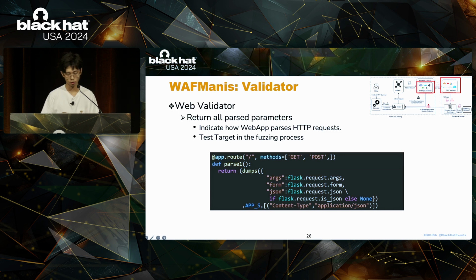To address this issue, validators actually play an important role in WAFManis. They help the framework to recognize how the WAF and web application process our test request. As the example code shown below, we developed web application validators to echo the parameters it's actually using, like the request form and the request args.